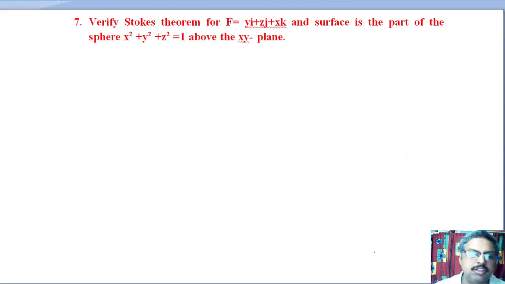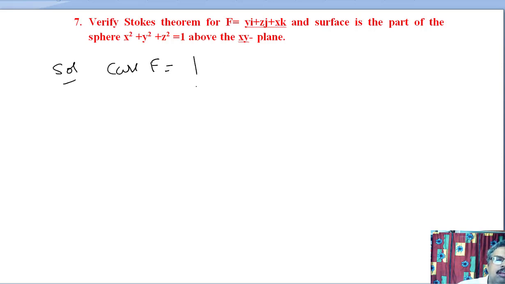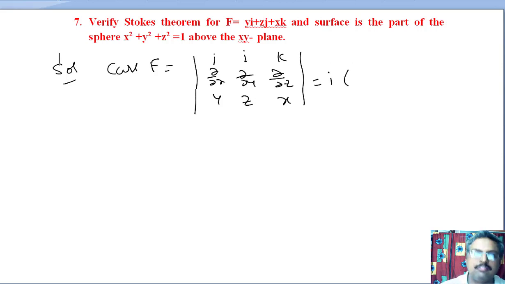Now another question, same procedure: verify Stokes theorem for the function. Same procedure, same diagram, same concept. Now first find curl f. Curl f equals the determinant of i, j, k, dou by dou x, dou by dou y, dou by dou z, y, z, x. Find the determinant.